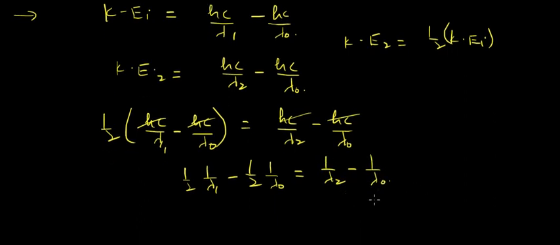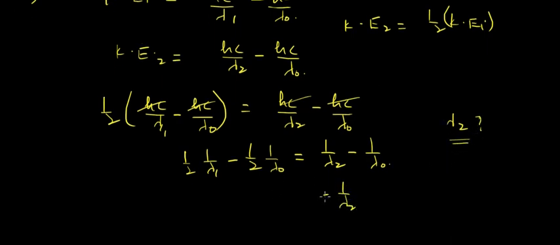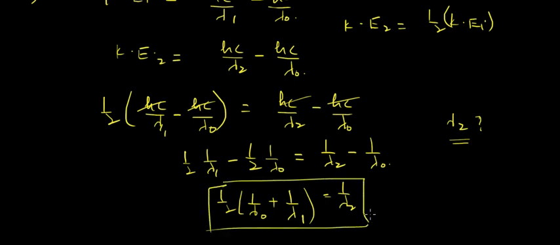You can rearrange the equation to suit it. We need to find the value of lambda 2. So the value of lambda 2 would be nothing but half of (lambda naught plus lambda 1). You can easily calculate this.